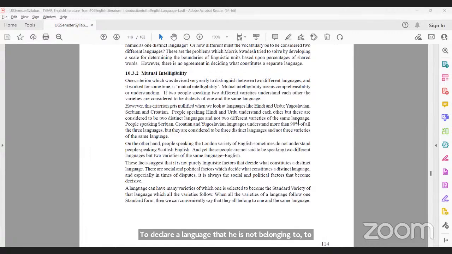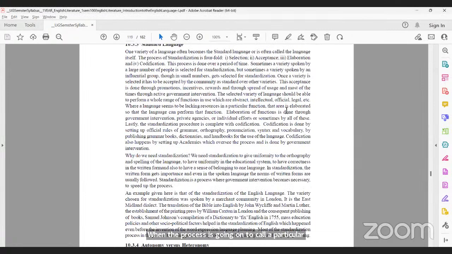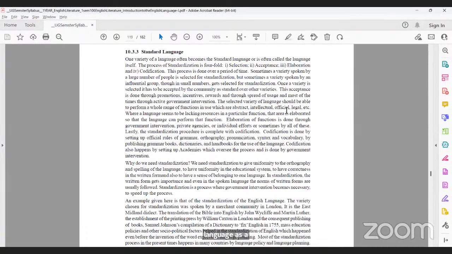When the process is going on to call a particular language a standard and some other language not a standard one, if a leader belongs to a particular language, there is a high chance to call that particular language the standard one. As for example, our Prime Minister is Narendra Modi.